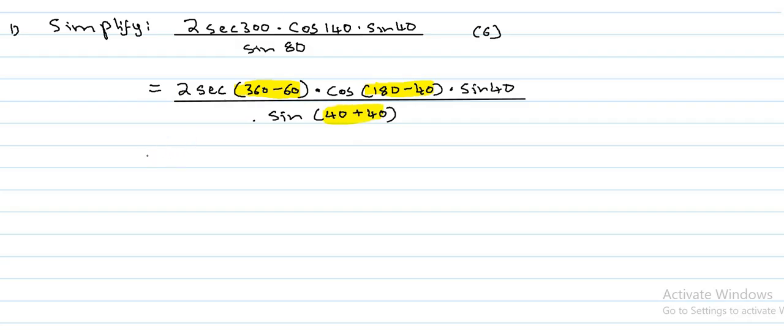So let's simplify. Sec we said is the same as 1 over cos. So sec is the same as 1 over the cos of 360 minus 60. 360 minus 60 is in the fourth quadrant and cos is positive. So this will be 2 sec 60.